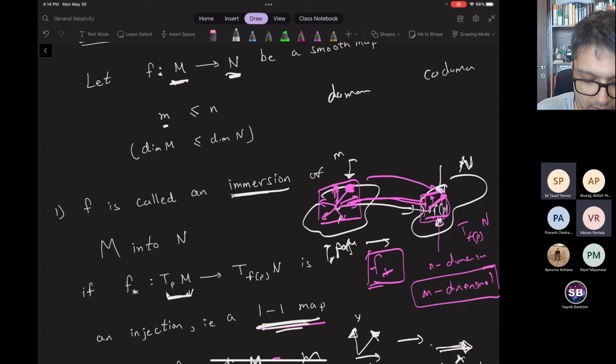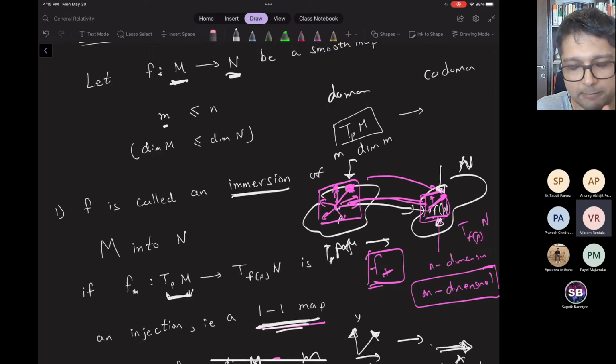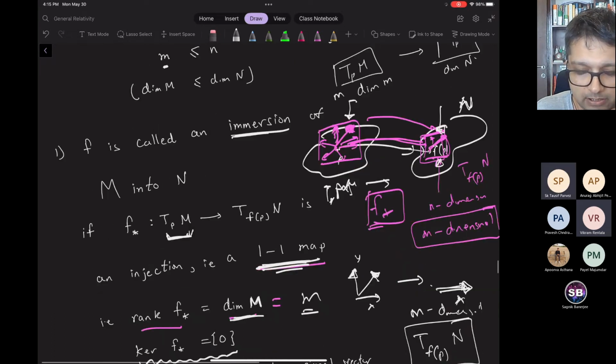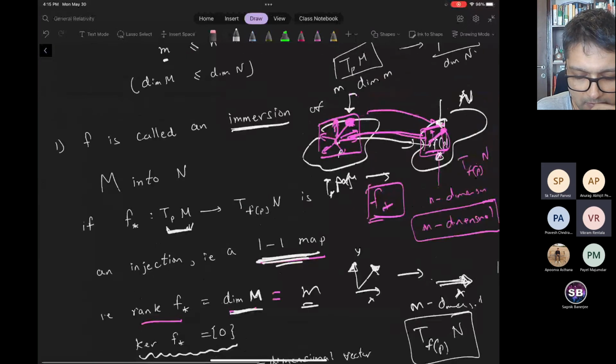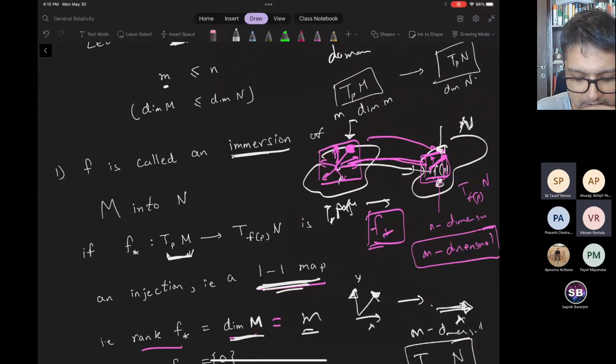Yes. So I'm mapping, and I don't see anything wrong with this. I have a tangent space which is of dimension m, and I'm mapping to a subspace of this full vector space. Right? Yes, sir. So how is this mapping ensured? No. What I'm saying is, once I know f, then that automatically determines f star.